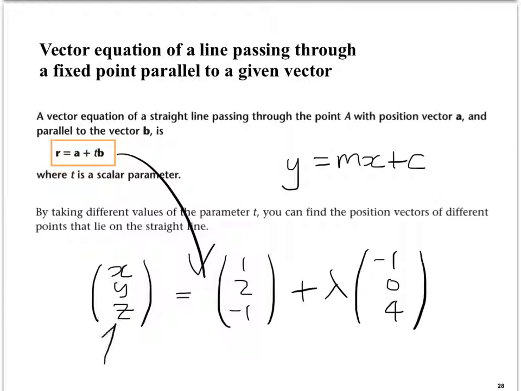So this is giving us a general point. The second one here, a is just any point on the line, could be anything. Lambda is a scalar, just a number. And this vector here is the direction that the line is going in.